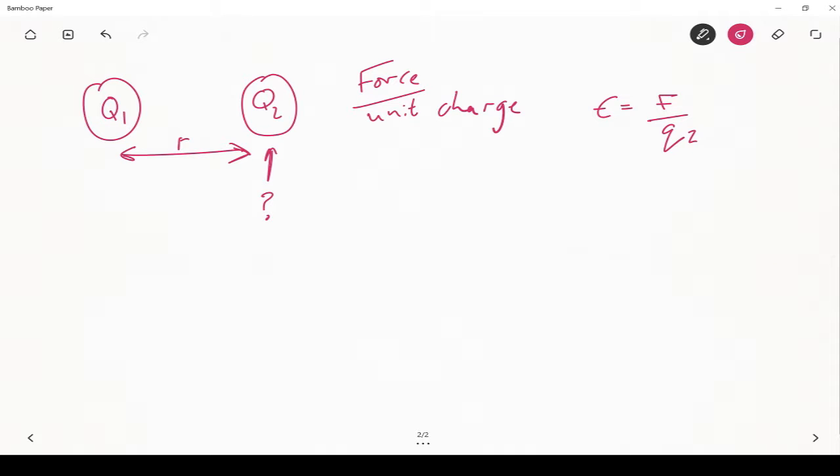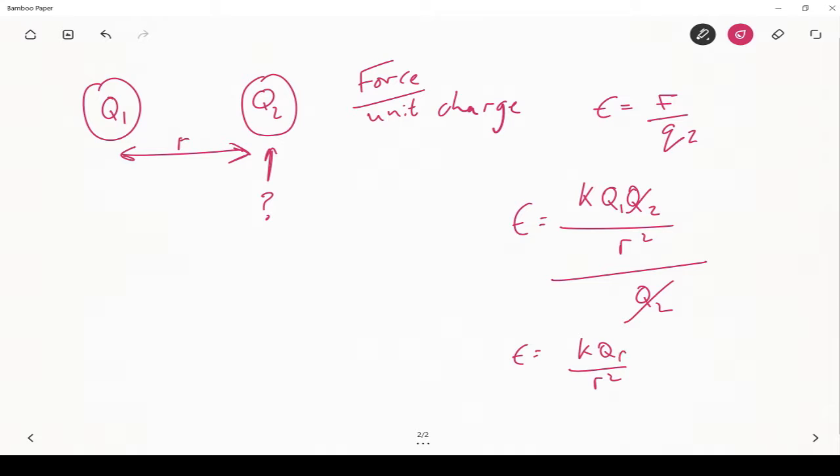So we have K Q1 Q2 all over r squared, divided by Q2. In this case, obviously, the two charges cancel, and we have E is equal to KQ over r squared. Notice, I've left out the 0 or the 1 here, because we're just considering it now to be, in general terms, what is the field created by that.